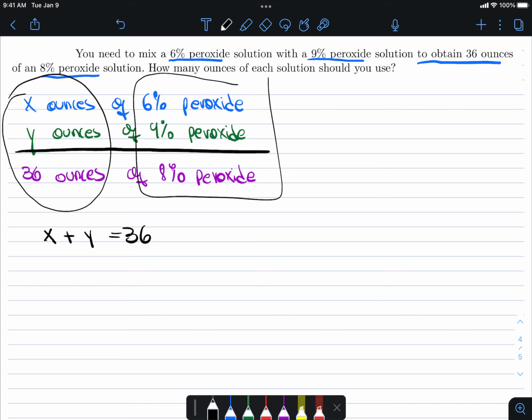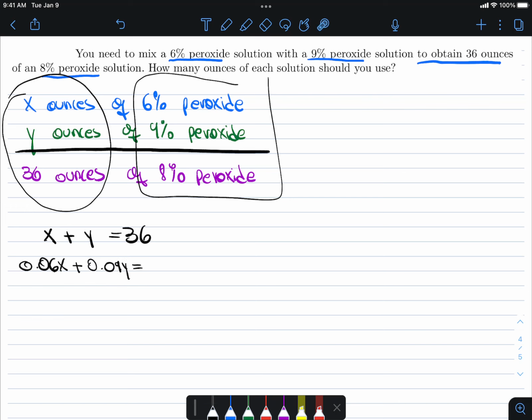How much peroxide do I have in the resulting solution? The first solution had 0.06x, right? That's 6% of x. That's how much peroxide I had in the first solution. And then the second solution had 0.09y.